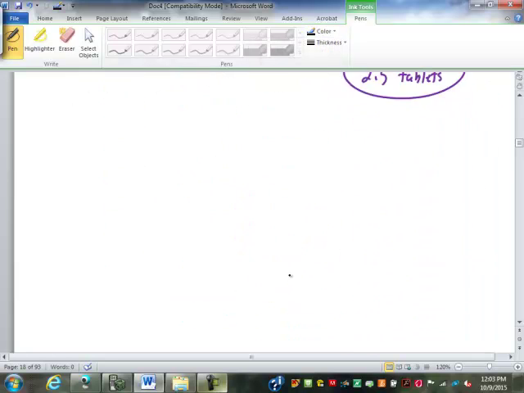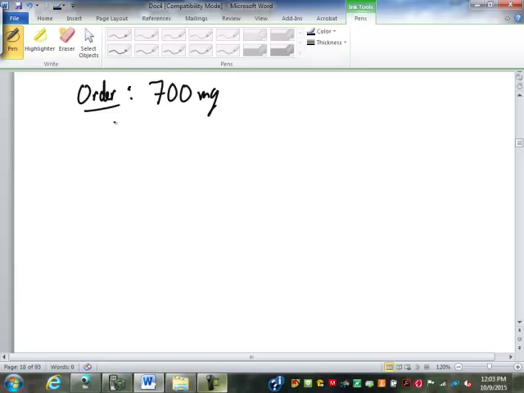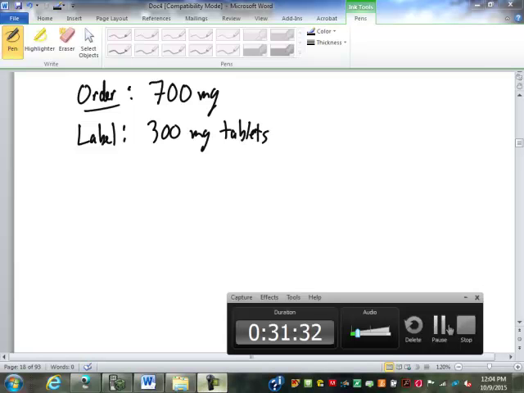Let's do one similar to that. Let's say the doctor's order is for 700 milligrams, and the label is 300 milligram tablets. Again, I want you to quickly figure this one out in your notes.